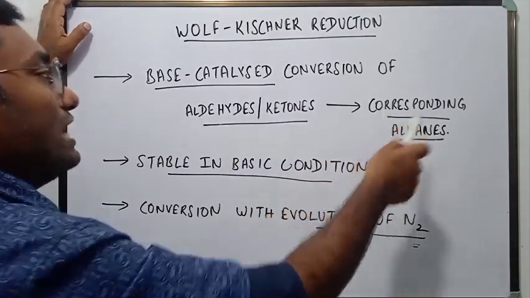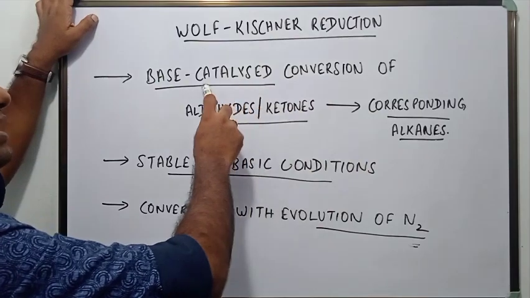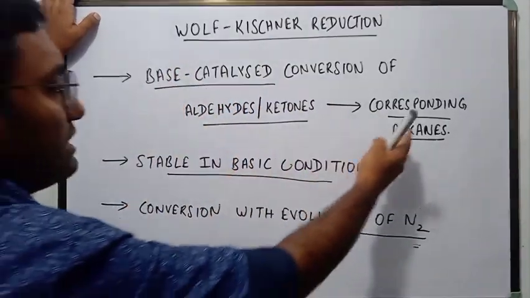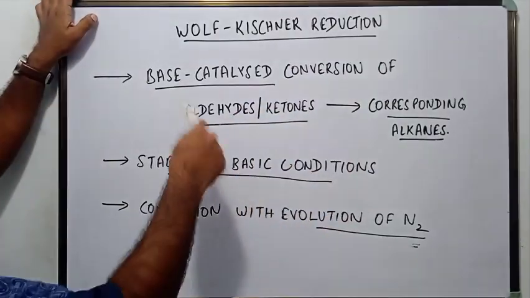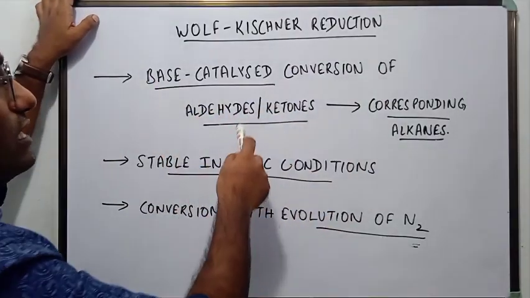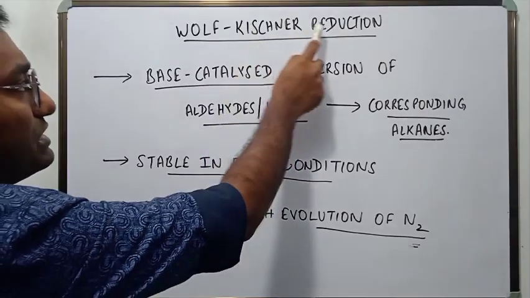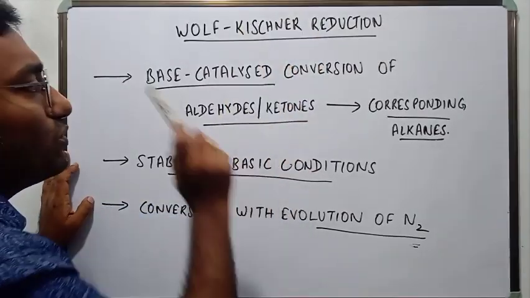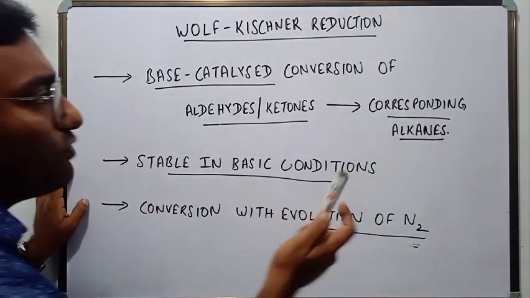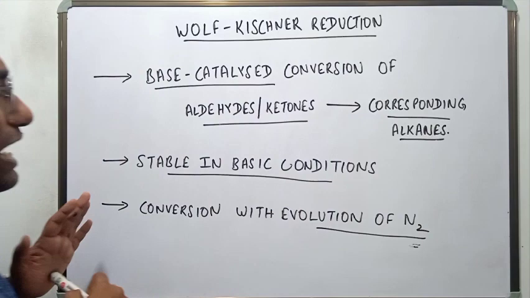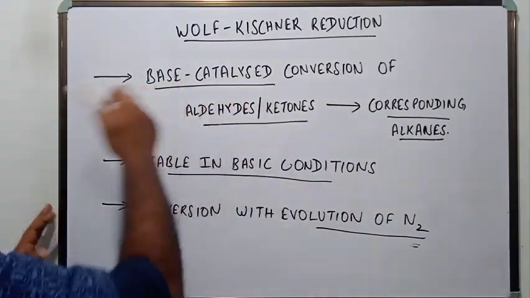From this statement, it is very evident that the raw material is aldehyde and ketone. Only aldehyde and ketone will show Wolff-Kischner reduction. The product that is formed is the corresponding alkane. And the catalyst is a base.